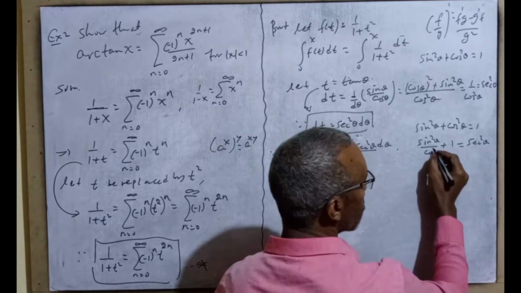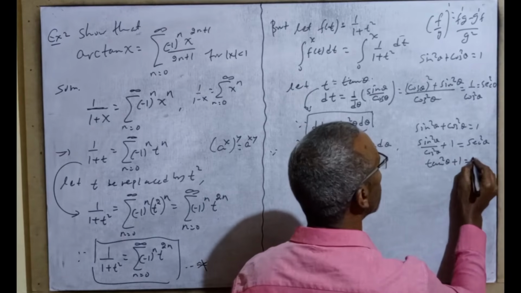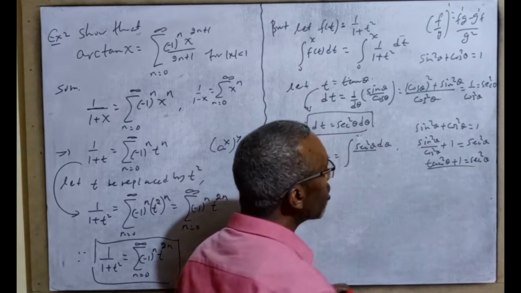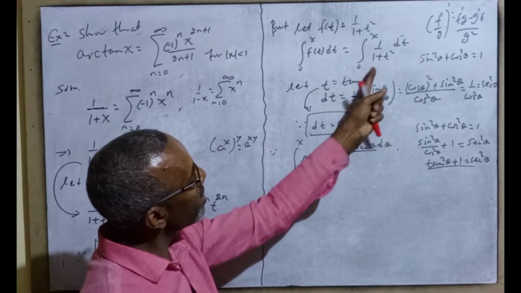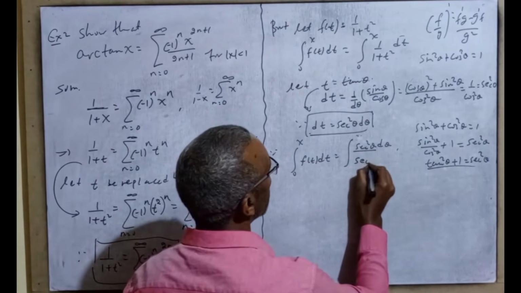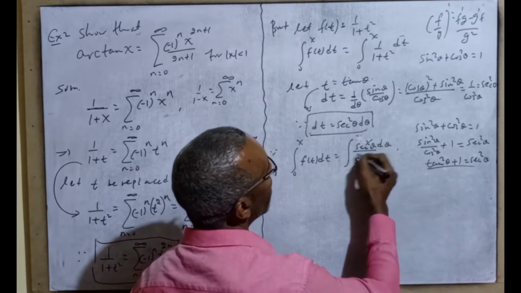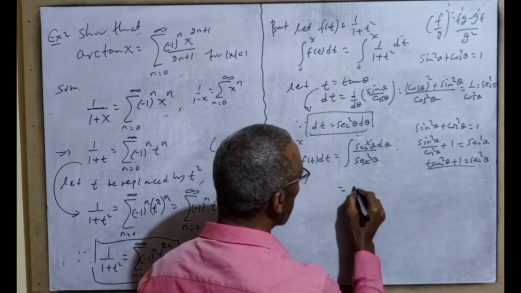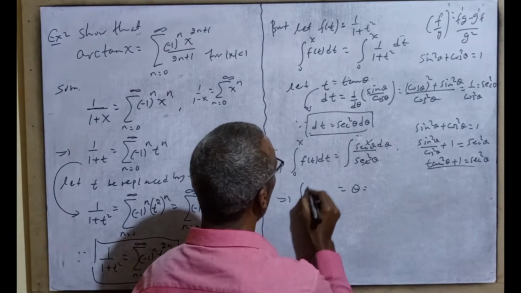So tan square theta plus 1 is equal to sec square theta. Since t is tan theta, 1 plus t square is 1 plus tan square theta, which is sec square theta. Sec square theta cancels with sec square theta, and the integral of d theta is theta.